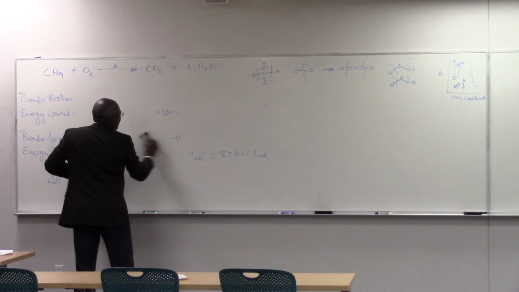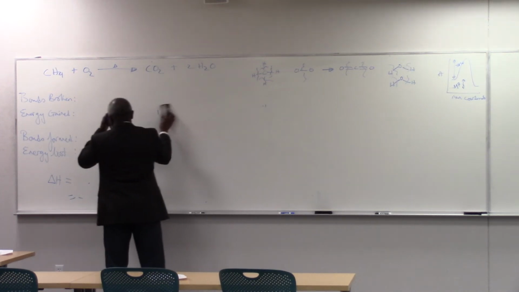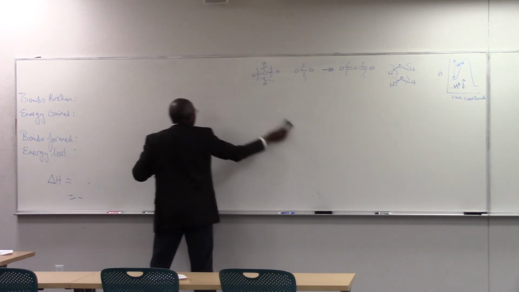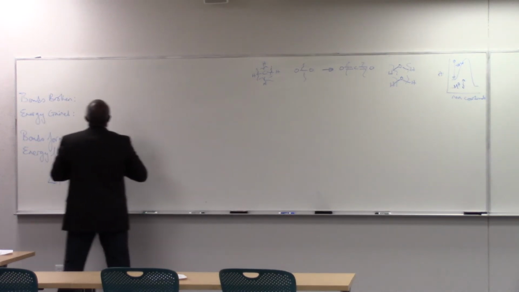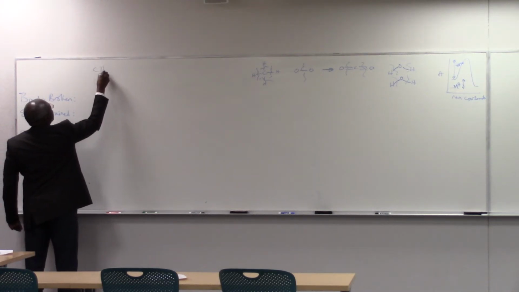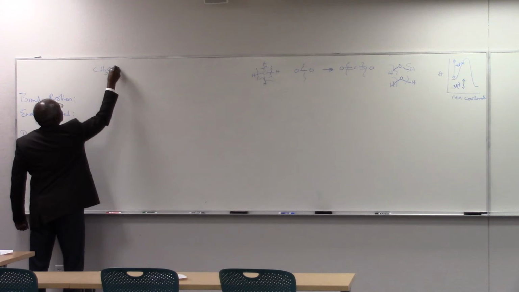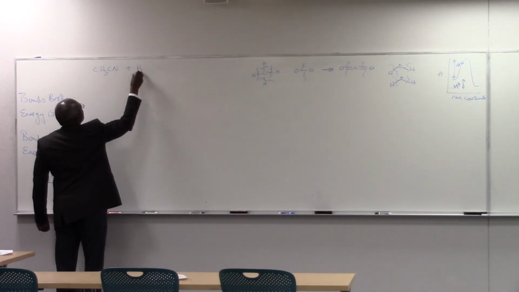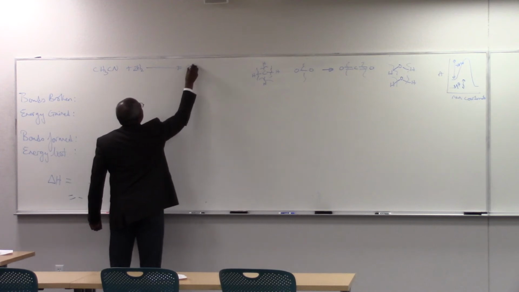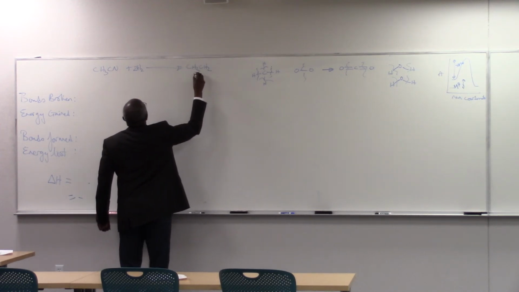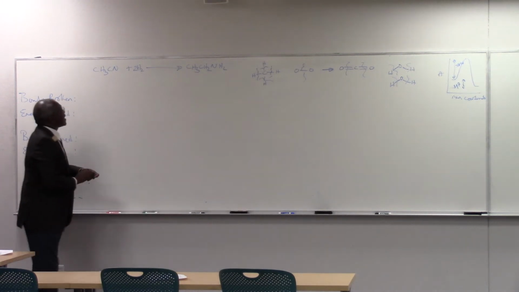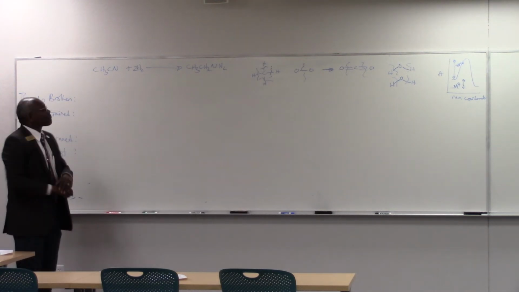Let's consider the delta H concerned with taking CH3CN plus H2 to make CH3CH2NH2. Okay? So what is the delta H of that reaction?